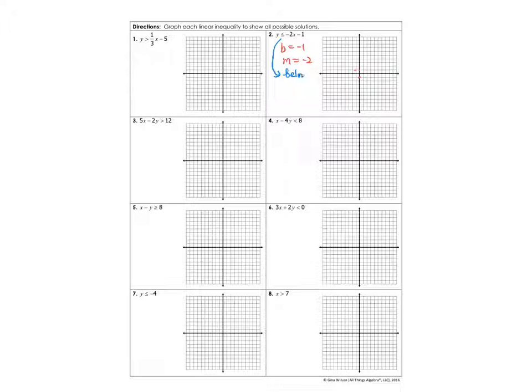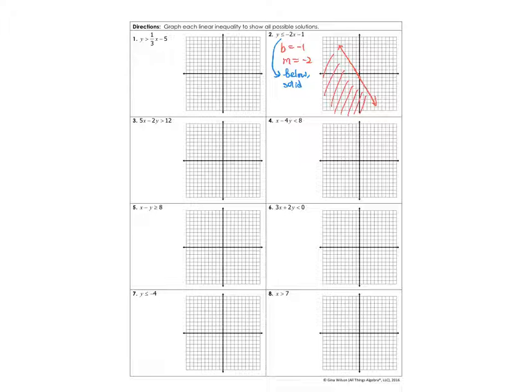So less than, it has to be below that line. And then I have equal, so it must be solid. So if I connect the dots here, at this time I have a solid line this way. And because it's less than, everything below that line, those ordered pairs are my solution.